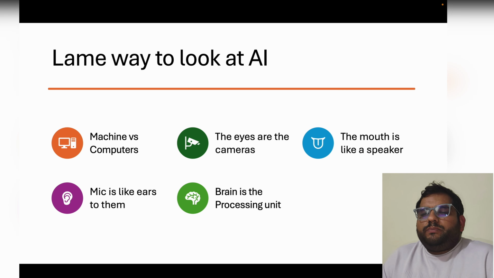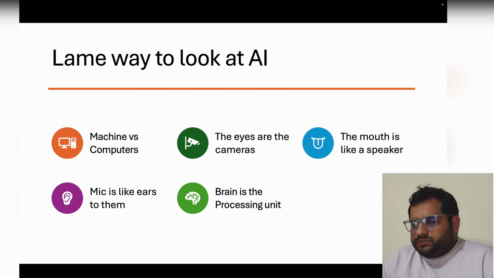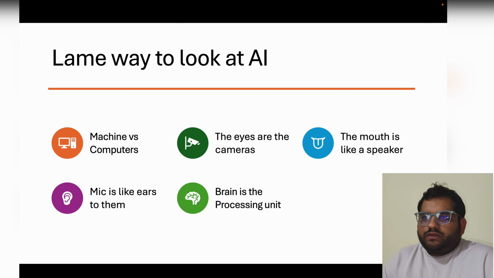So when people ask me in layman language what AI is and how AI works, I generally tell them that you can compare machines and computers. When you come to the comparison part, there are basically two or three things to note.